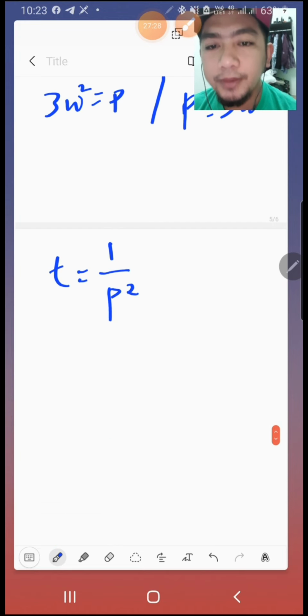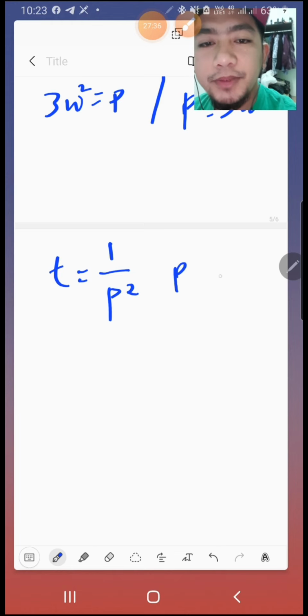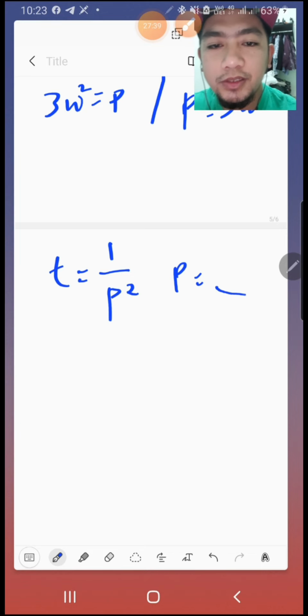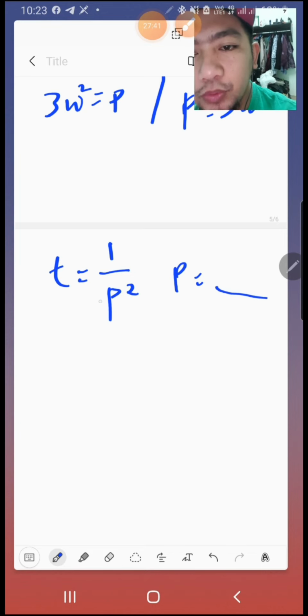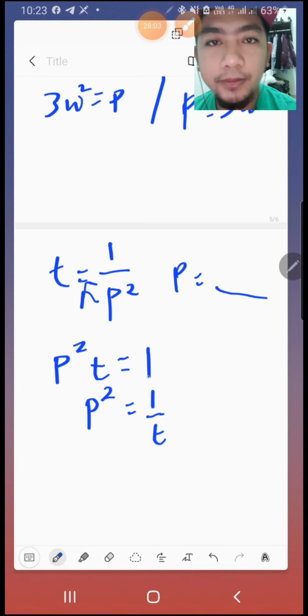So the last example here is T equal to 1 over P square. So make sure P is the subject of formula. So what is the variable? Bring P square to the left. That means you need to multiply. P square times T will become P square T equal to 1. And then P square equal to 1 over T. That means T here you bring to the right.